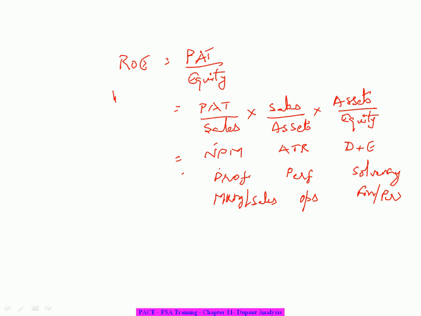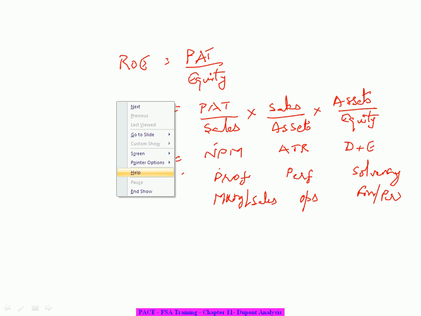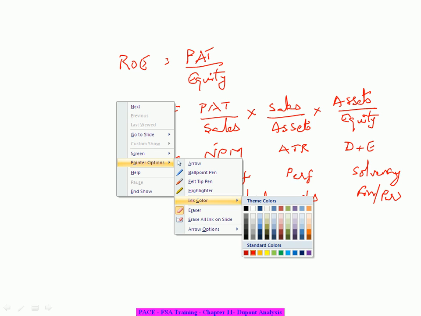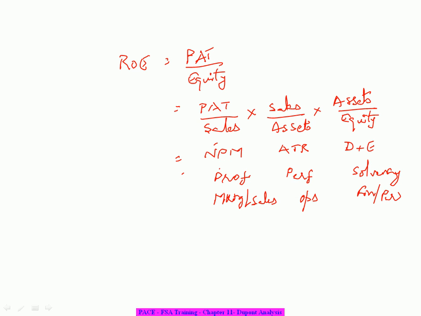Okay, a few more things on the extension side. It is the same ROE: PAT by EBT, into EBT by EBIT, into EBIT by sales.